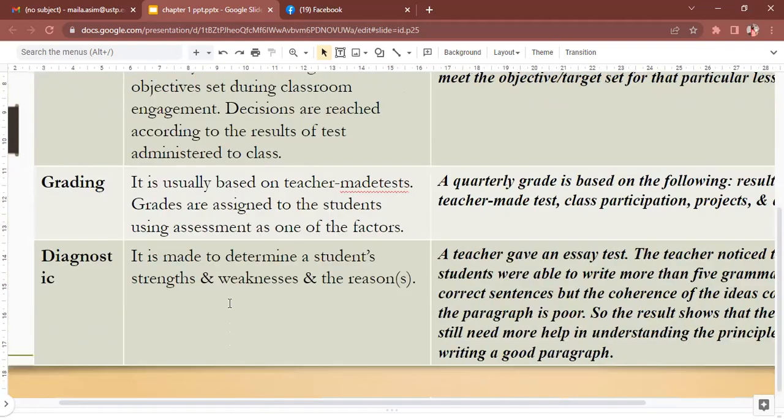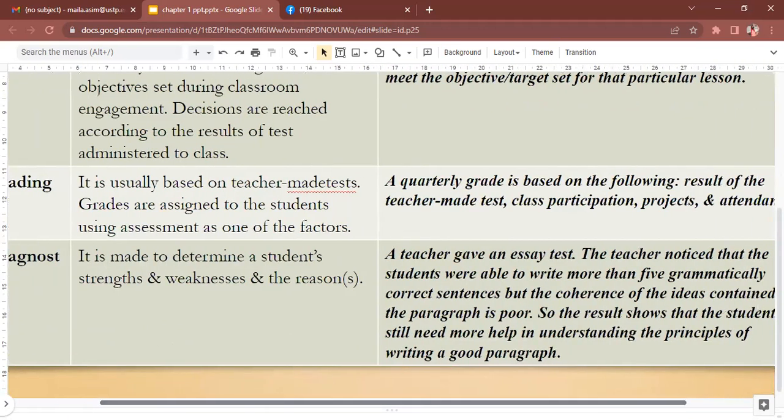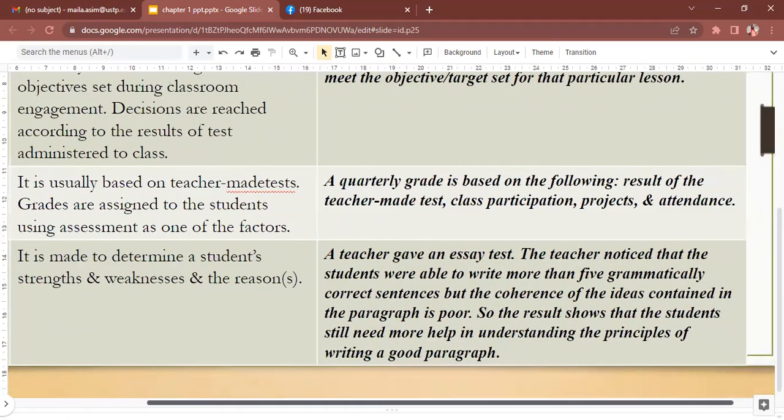Next is diagnostic. Diagnostic is made to determine a student's strengths and weaknesses and the reasons why they are that way in your class. So a diagnostic test example is when a teacher gave an essay test, true or false test, and the teacher noticed that the students were able to write more than 5 grammatically correct sentences, but the coherence of the ideas contained in the paragraph is poor.